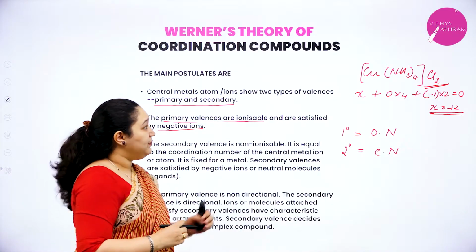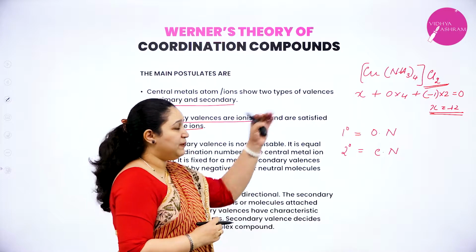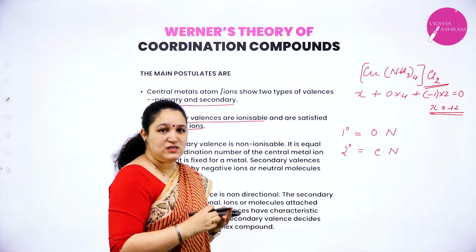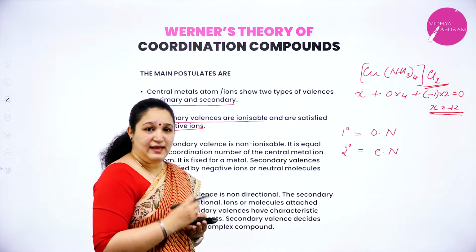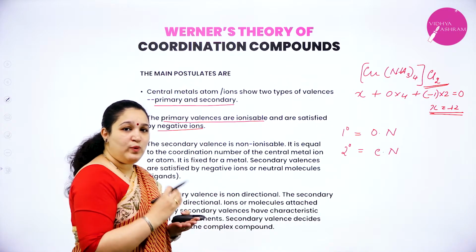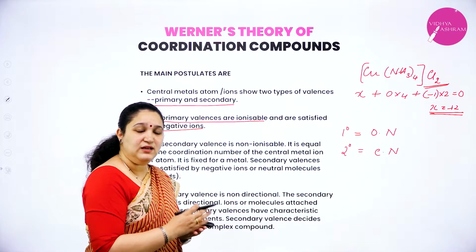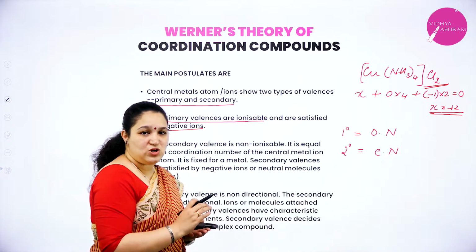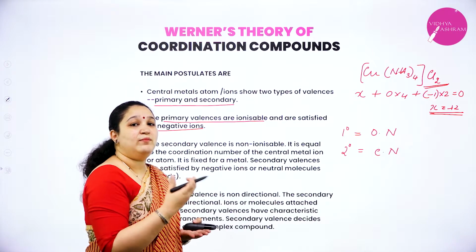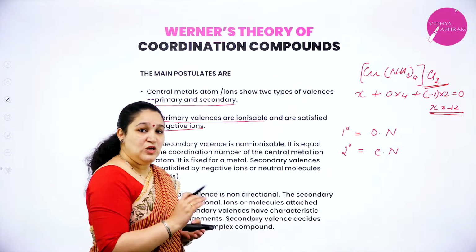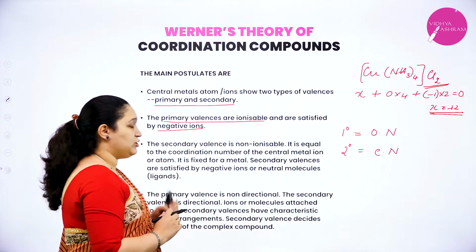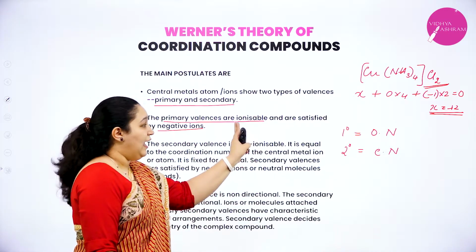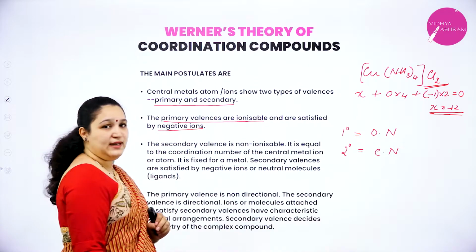Ionizable because if I dissolve this particular complex, I will get chloride ions in my solution. Hence, the ions which are satisfying the primary valency can be ionized, or when I dissolve they come into the solution. So, that is the second postulate: the primary valencies are ionizable and are satisfied by negative ions.